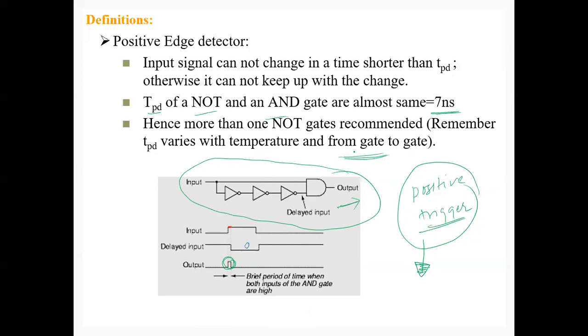So if you want to get this trigger here, depending on the width of this trigger you need, you might want to use more than one NOT gate. That's what I'm suggesting here, okay?